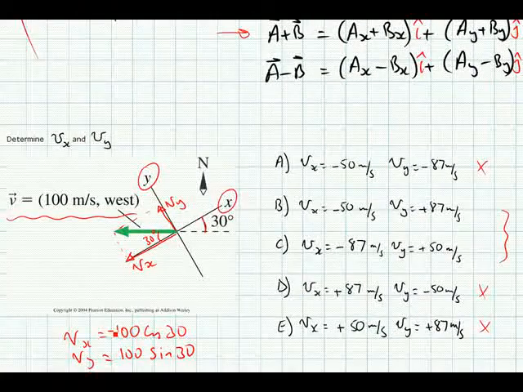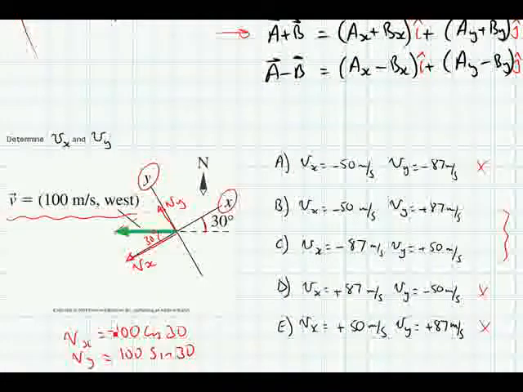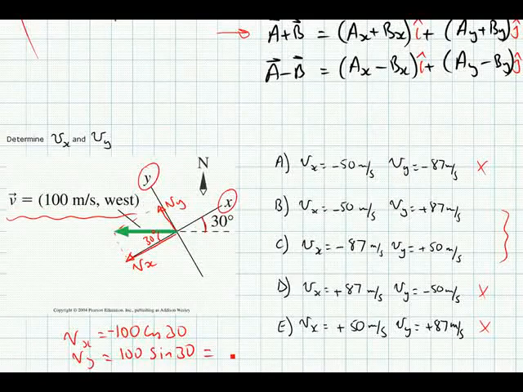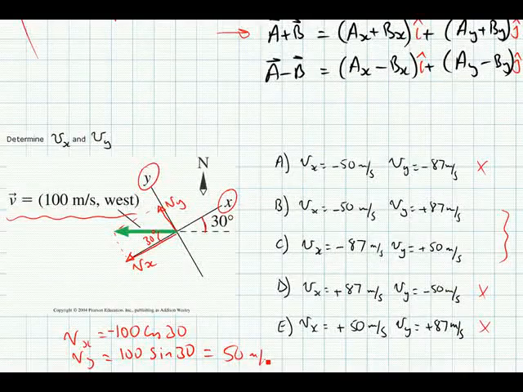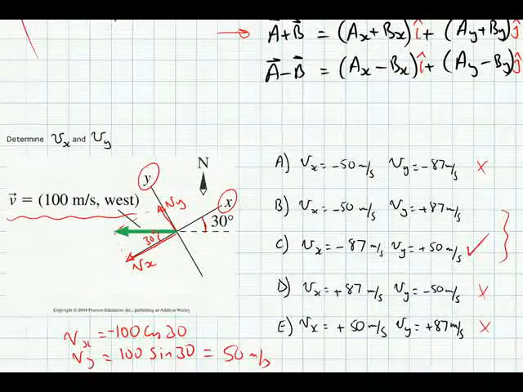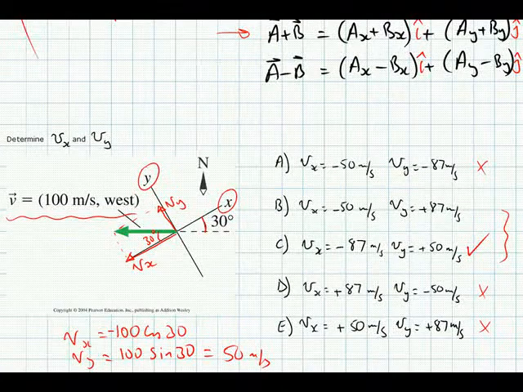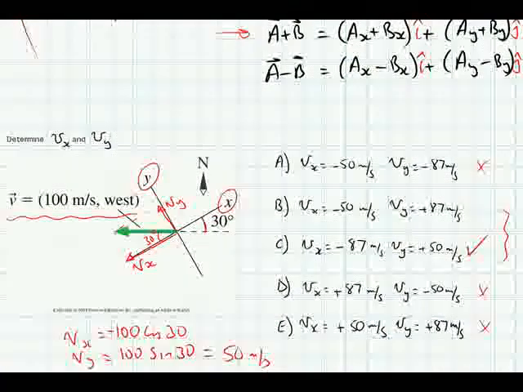Actually, vx is also a negative number because it's pointing away from the positive x-axis. So vy is 100 times the sine of 30, I know it's a half, so vy is 50 meters per second. Obviously this is the right solution here. I hope you all got this right.